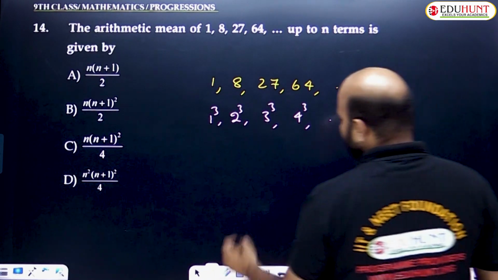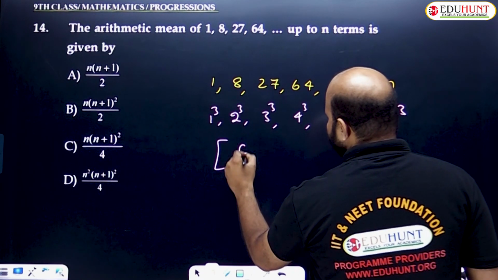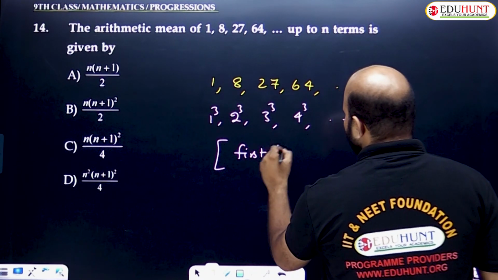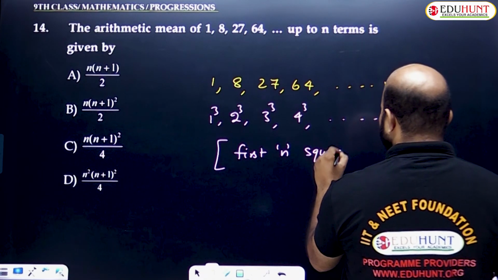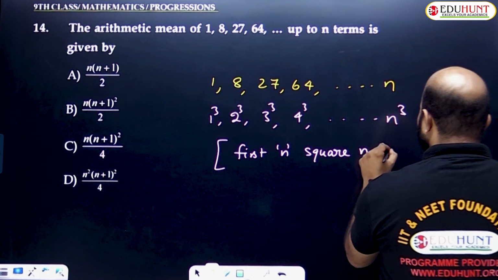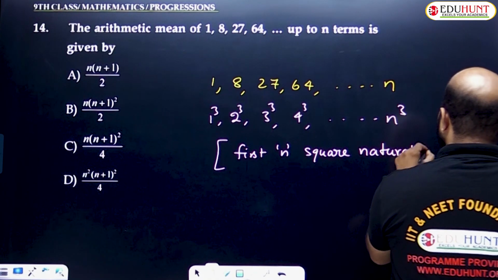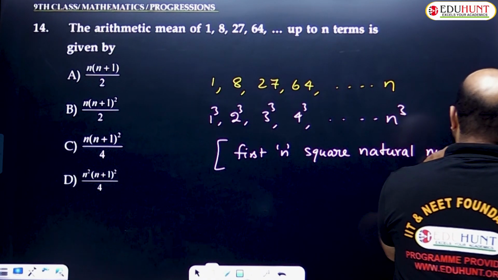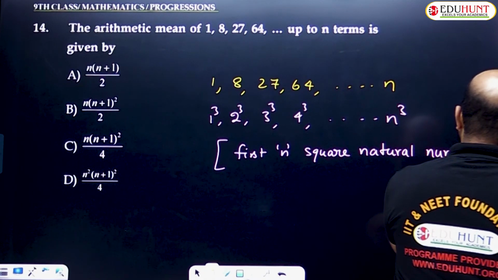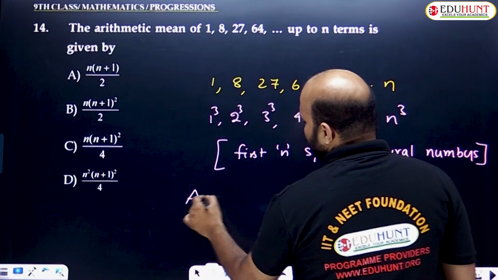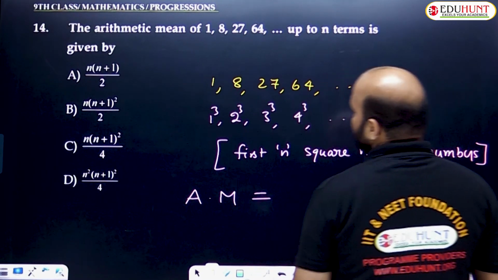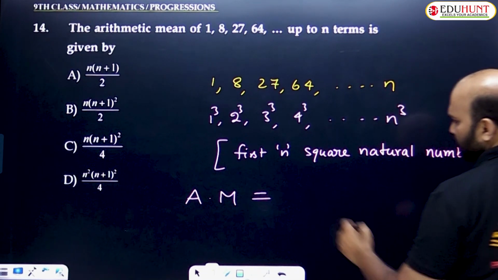So what is the order? The first n cube natural numbers. Am I clear? But the question I am asking is the arithmetic mean. Arithmetic mean is nothing but the sum of observations divided by the number of observations.